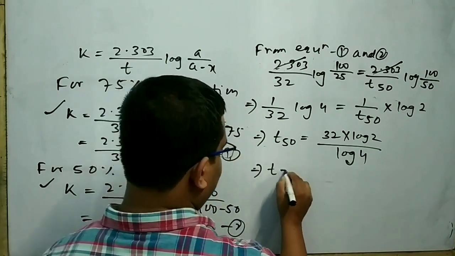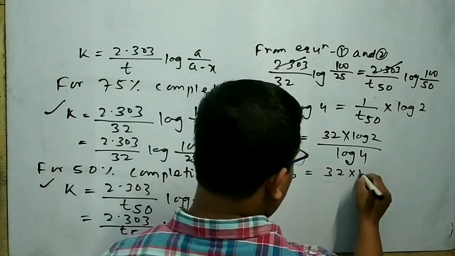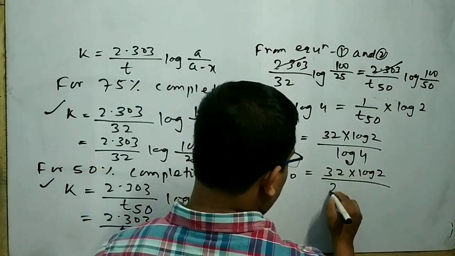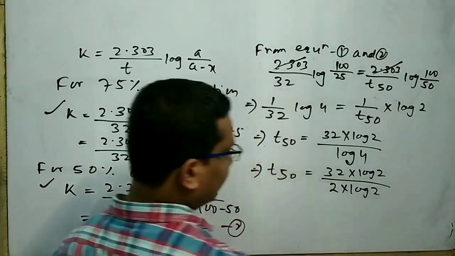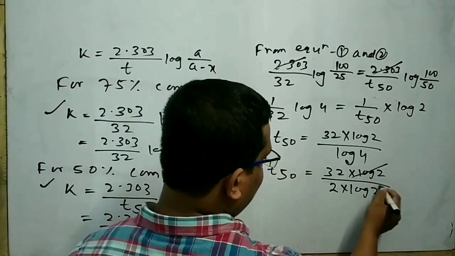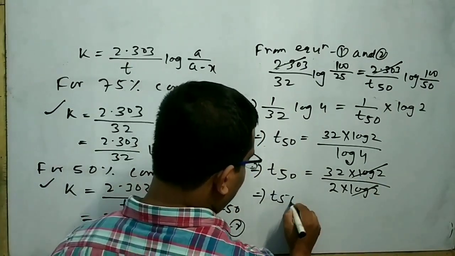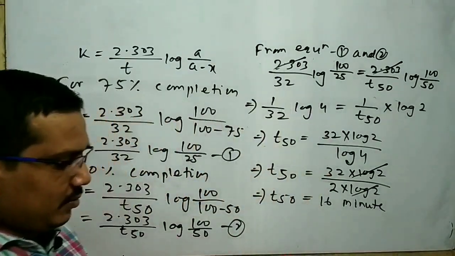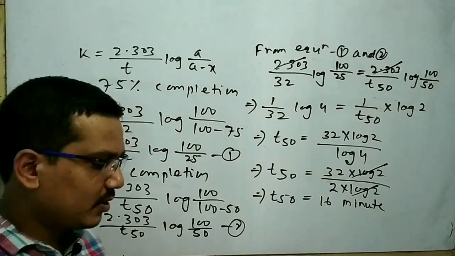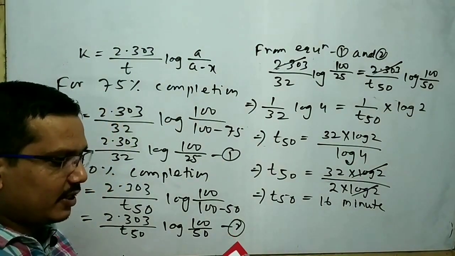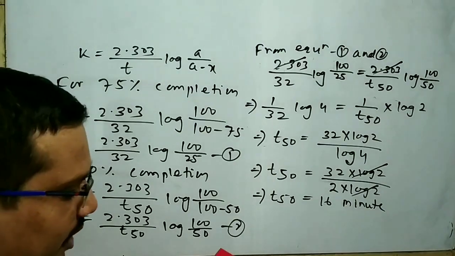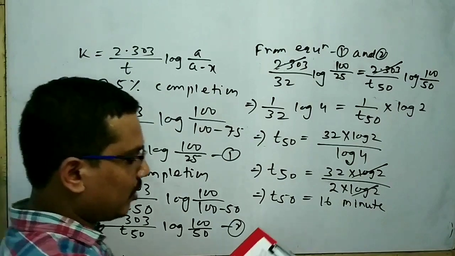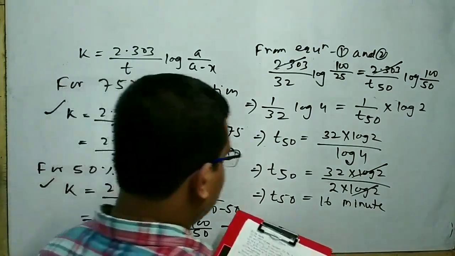Now I can write T50 is equal to 32 into log 2 divided by 2 into log 2. Now cancel log 2, which implies that T50 is equal to 16 minutes. In our question there are 4 options given. One is 24 minutes, second is 16 minutes, third is 8 minutes, fourth is 22 minutes. So our answer is option B, that is 16 minutes.